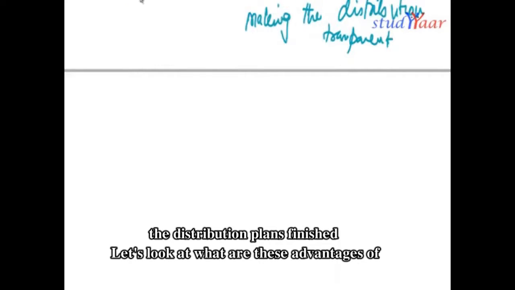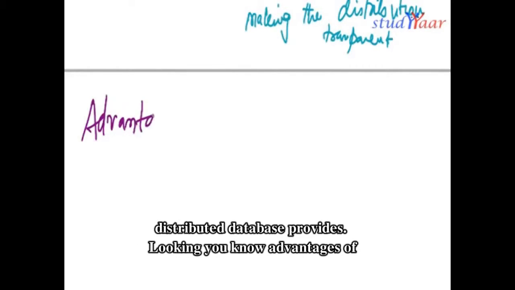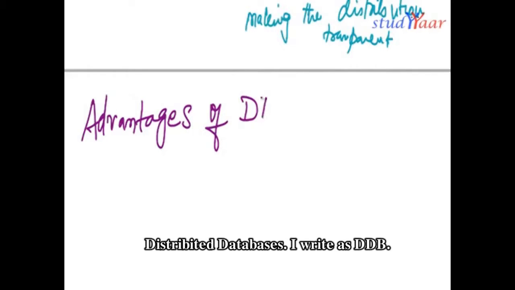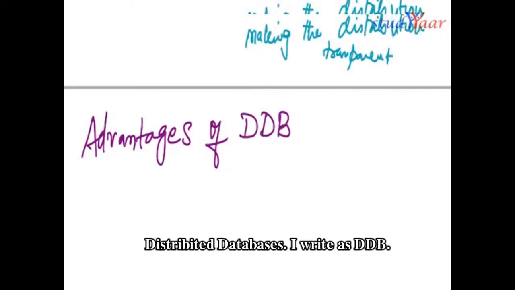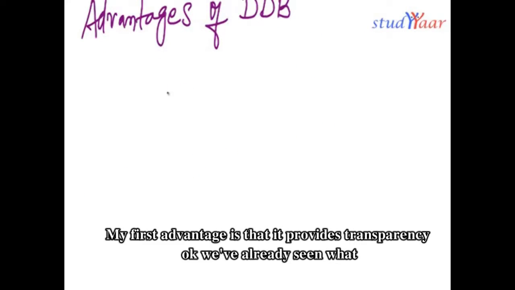Now let's look at what are the advantages that my distributed database provides. Okay, advantages of distributed databases. I'll write it as DDB. My first advantage is that it provides transparency.